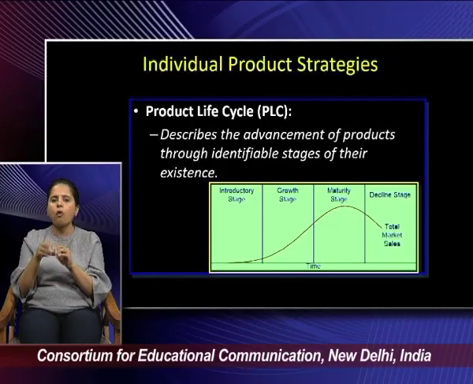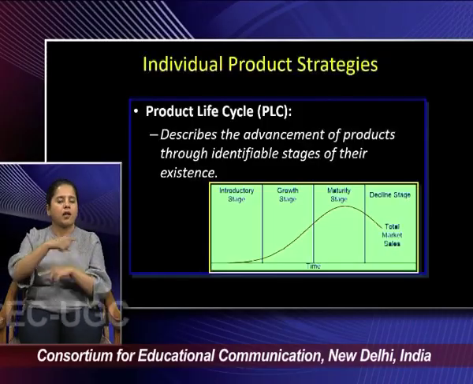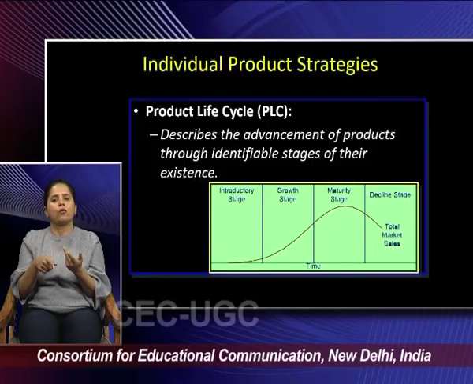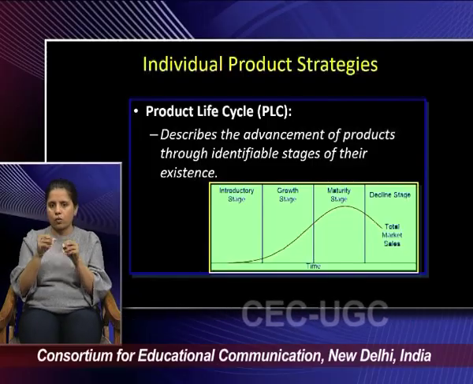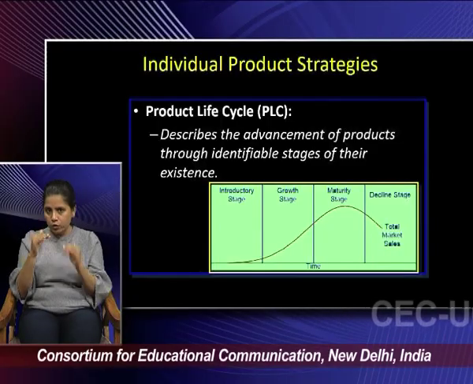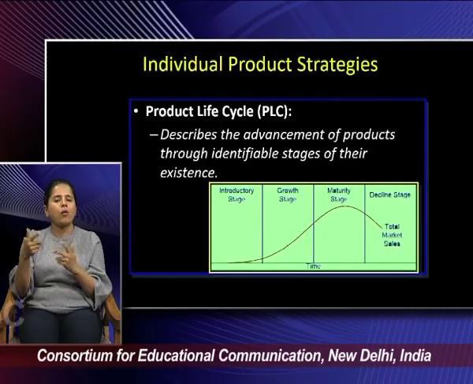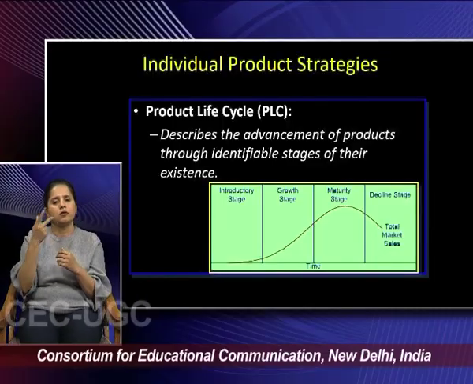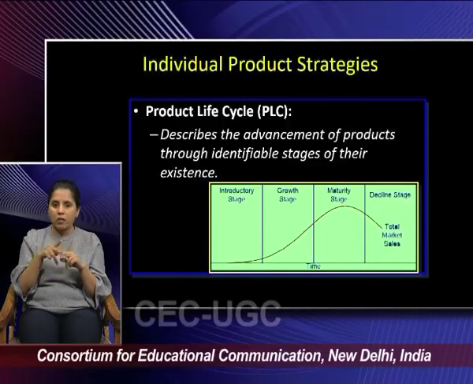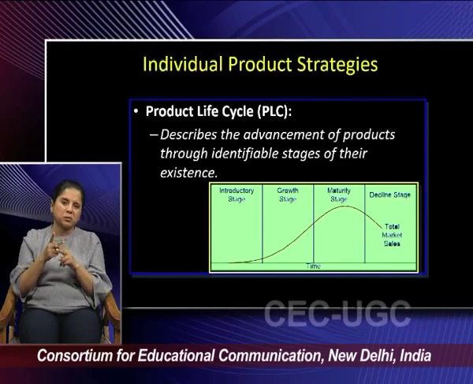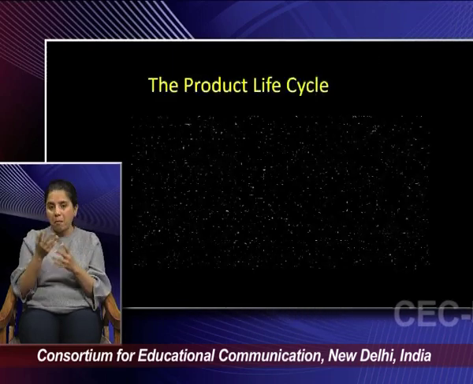So, starting from introduction to growth, maturity and decline, a product is actually completing its stages of existence. This is a complete life cycle of a product, which starts from the introductory stage, completes growth, then reaches maturity and eventually at some point of time is bound to see decline if there is no modification, no change in the existing product by the marketers.